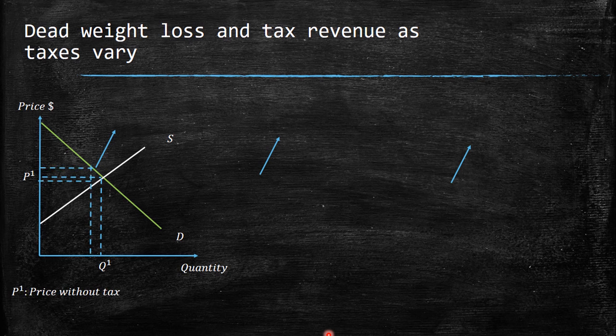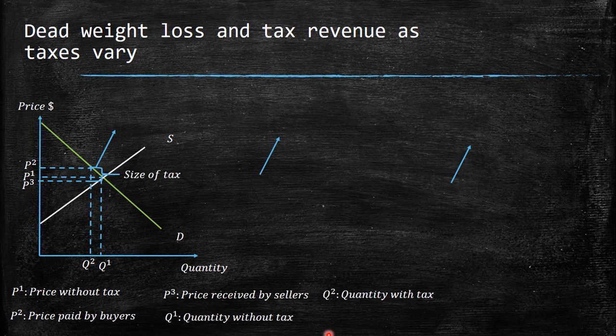Here we have the increase to P2, naturally the price paid by consumers after the tax, and P3 is the price received by suppliers after the tax. This is going to be the total receipt of the tax. The little triangle is going to be the deadweight loss.